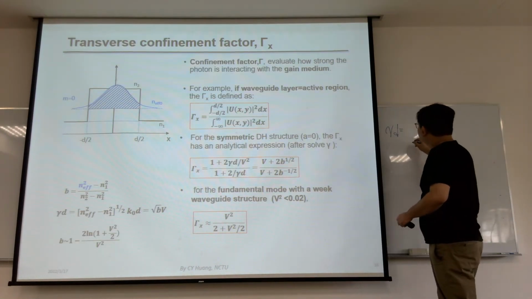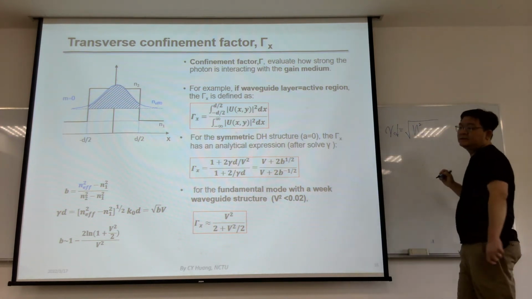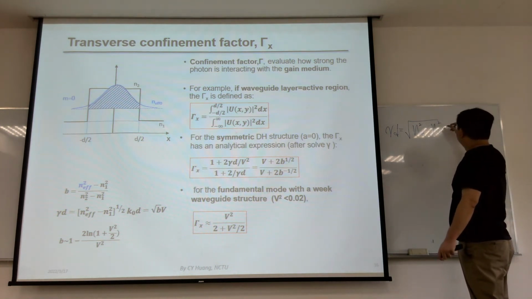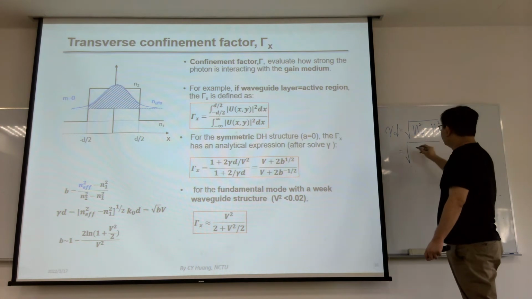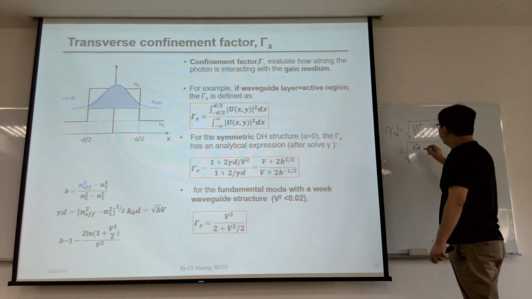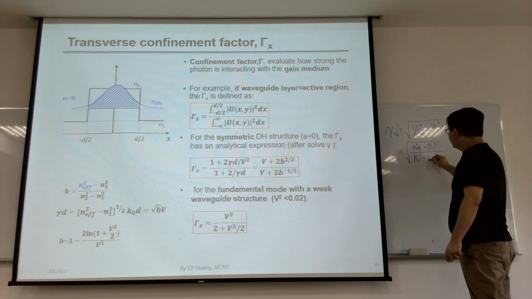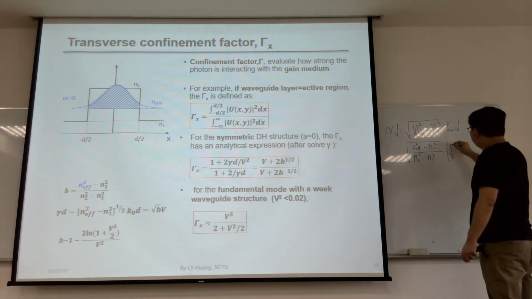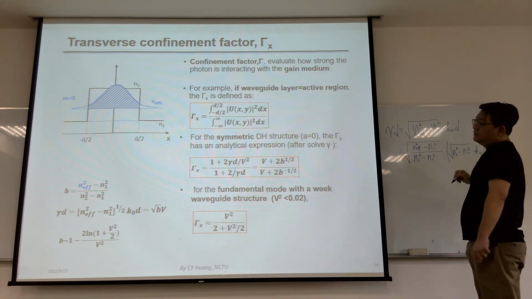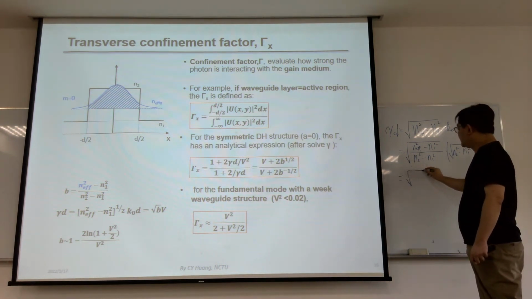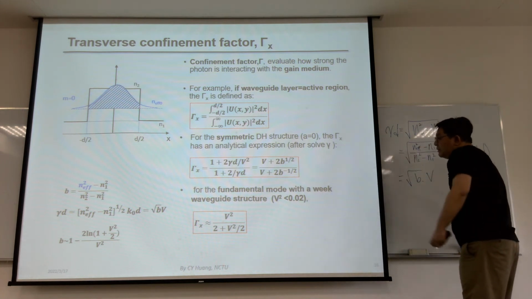Gamma D is equal to the square root of NEFF squared minus N1 squared, times K0 D. And we can write that as NEFF squared minus N1 squared divided by N2 squared minus N1 squared, times the square root of N2 squared minus N1 squared, K0 D. The first term is the square root of B, the second term is V. Then we put it back into the first equation.